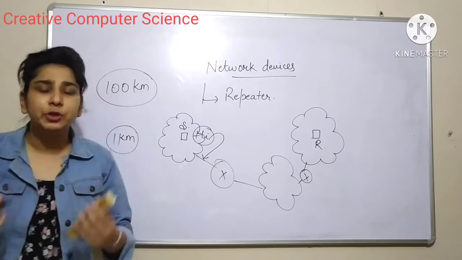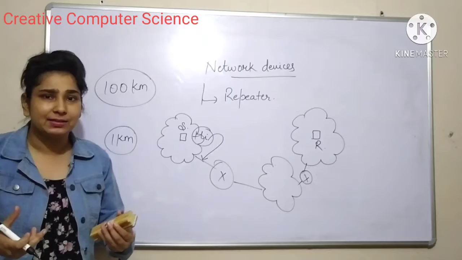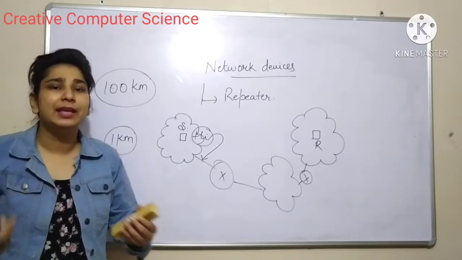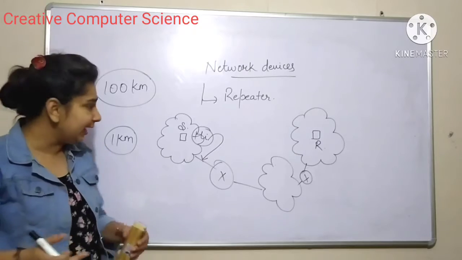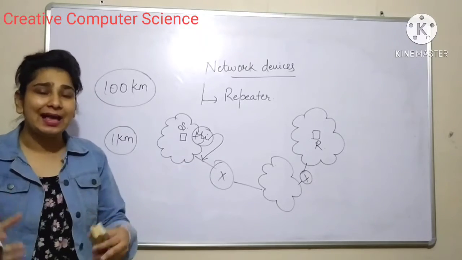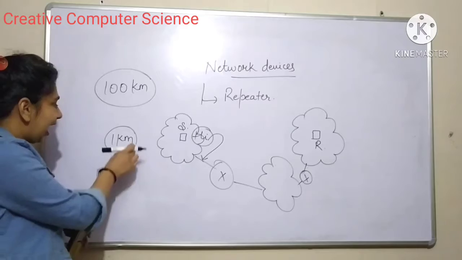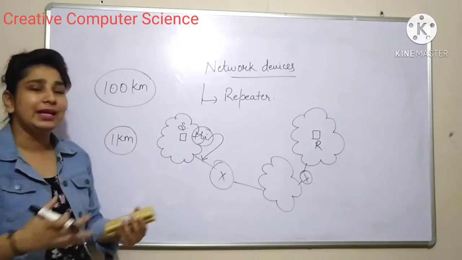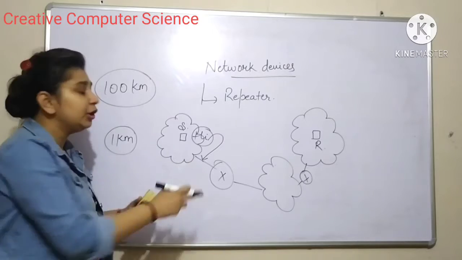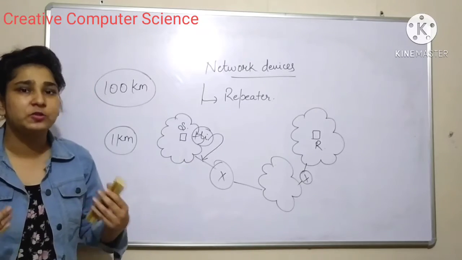Then what do we have to do? We have to increase the strength of the signal to restore its original strength. The signal has become weaker after 1 kilometer, so I have to boost it back to its original strength.